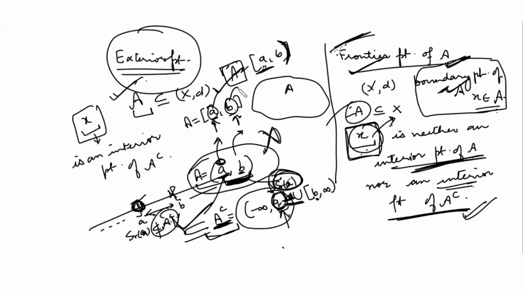So they are the frontier points, but they are also the boundary points because they are the members of A. So boundary point का definition ही यही है कि पहली बात वो frontier point होना चाहिए. A frontier point is said to be the boundary point of A if it is also a member of A.